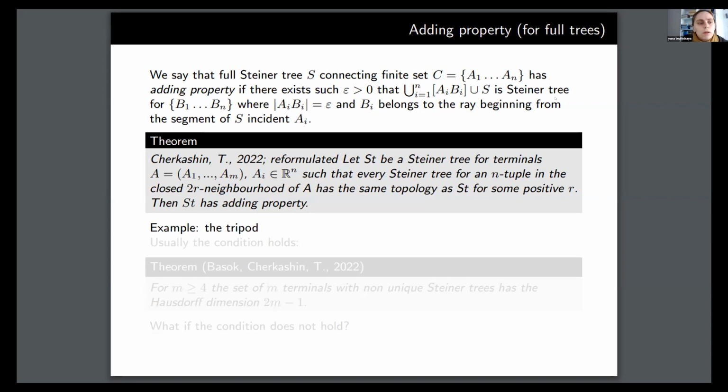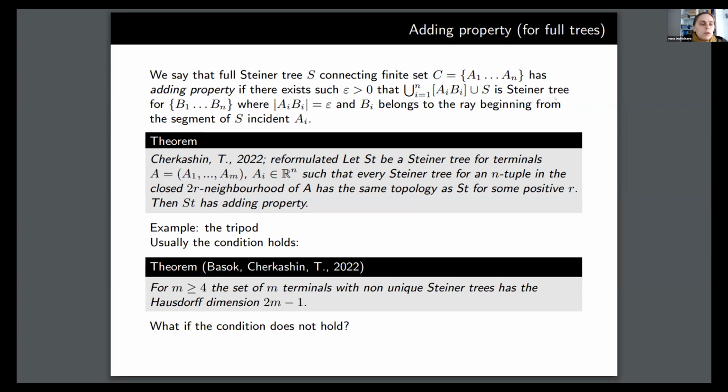The simple example of this situation is a tripod. If you have a regular tripod, which of course is a Steiner tree for its vertices, you can prolong every segment a bit, and you will have a tripod which will also be the Steiner tree for its vertices. So every tripod with the angles 2 pi divided by 3 is a Steiner tree with the adding property.